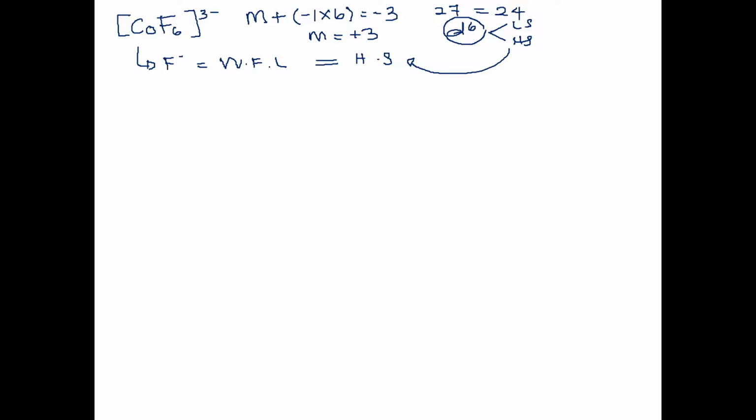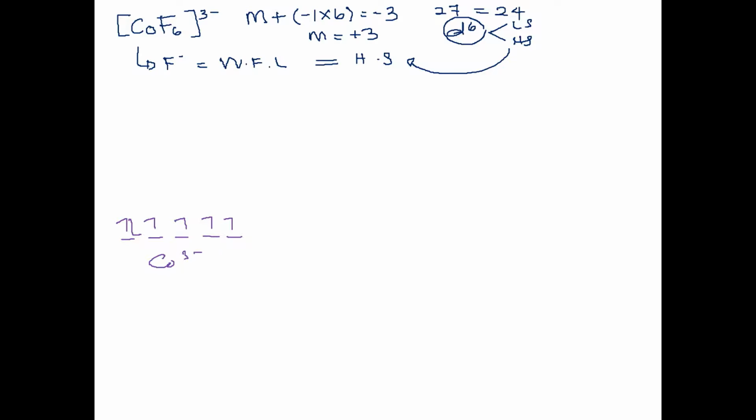Similarly, you have to draw your molecular orbital theory. So you have metals here, 1, 2, 3, 4, 5, and 6 electrons for the metal.